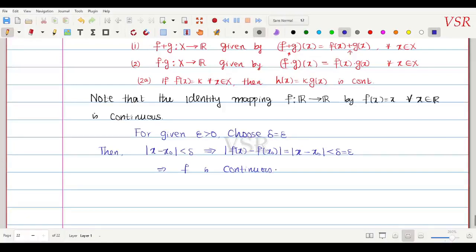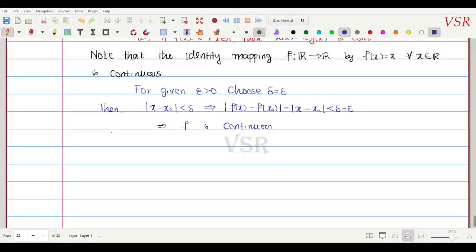Now, f of x equal to x is continuous, so this must imply that f of x into f of x, which is x into x, that is x square, is continuous.